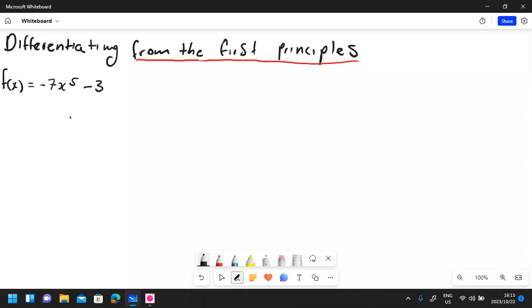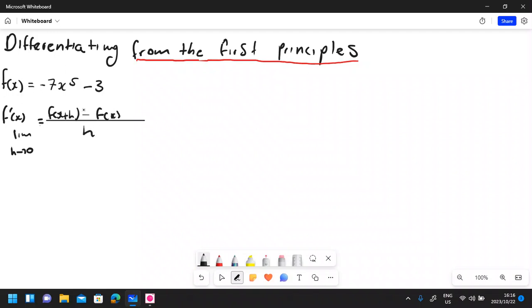All right, so what is the first step? You need to remember, when they say differentiate from the first principle, you need to use this formula: f prime of x is the limit as h approaches 0 of f of x plus h, minus f of x, divided by h.